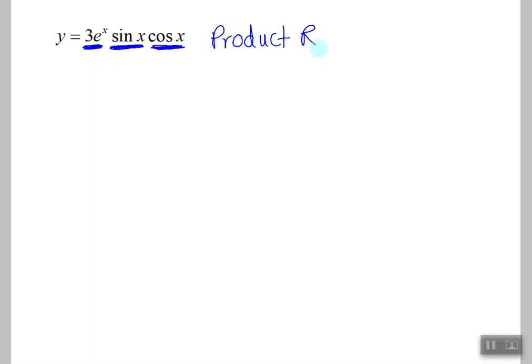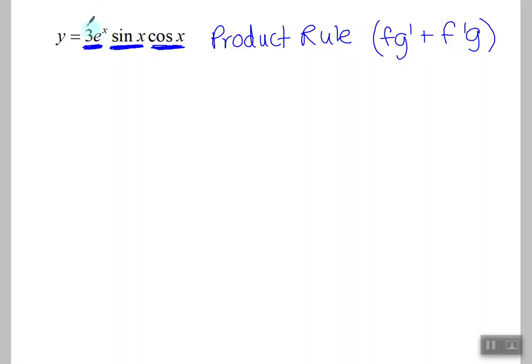This requires a product rule, which we're used to seeing as fg prime plus f prime g. However, we've got three functions here. So we can do a product rule with a product rule in it, or think about the idea behind this. We've got one function with the derivative of the other one, and then we switch it and add those together.